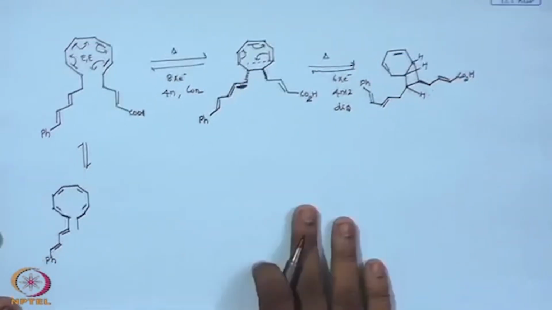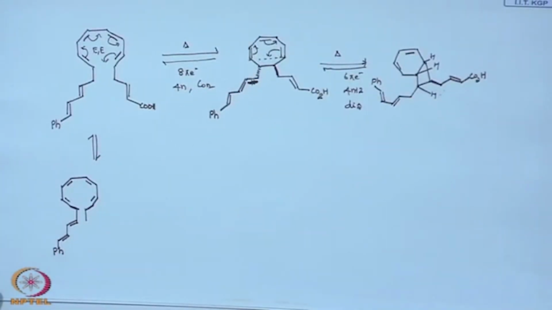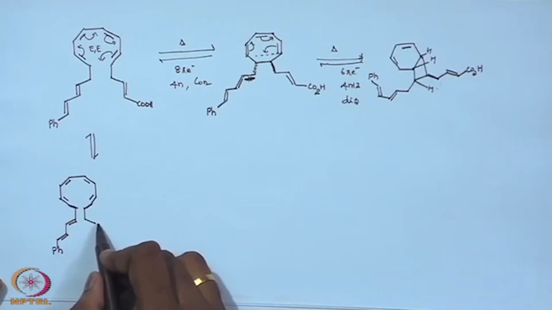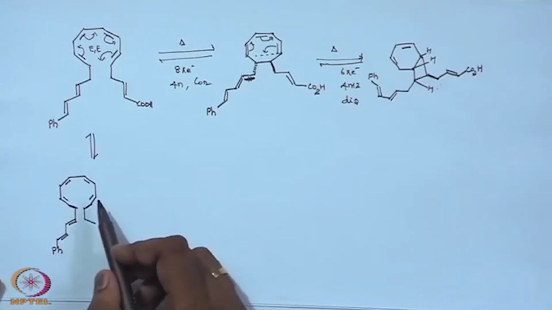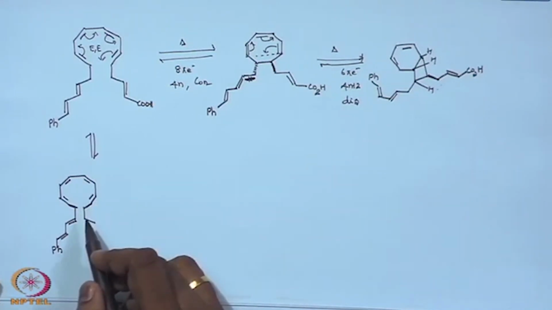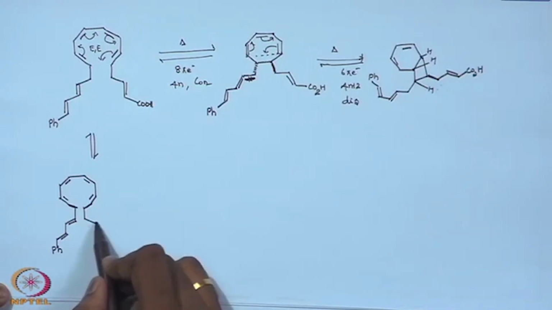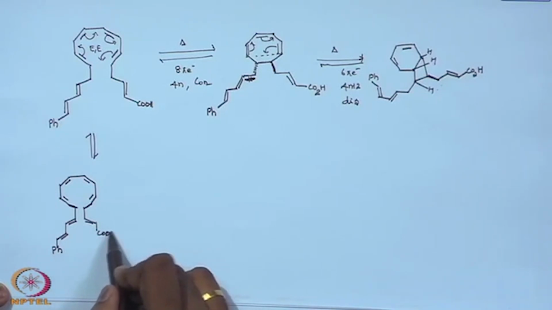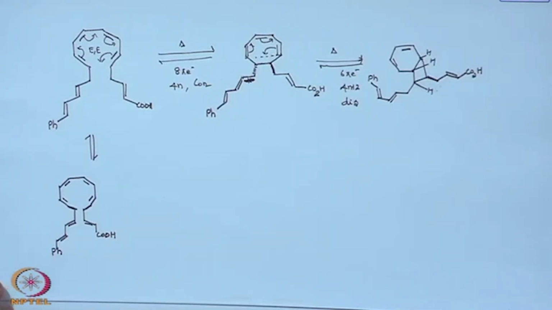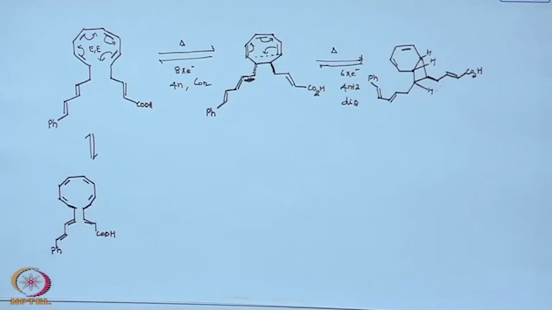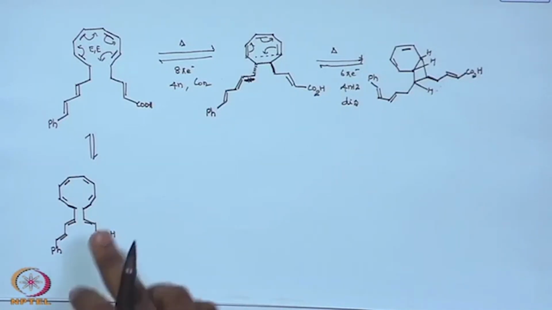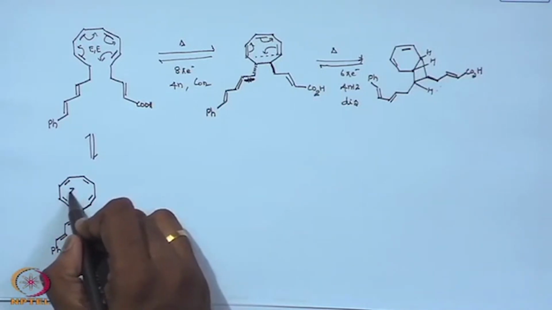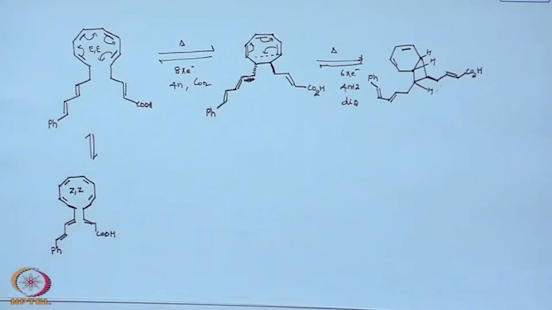So you have a phenyl here, fine, okay. Then you have this one. So, the next part will be a double bond with a COOH, right? Okay. So, you have this part. This is your E and this is your ZZ form.